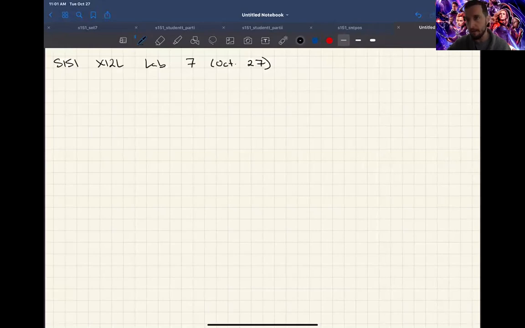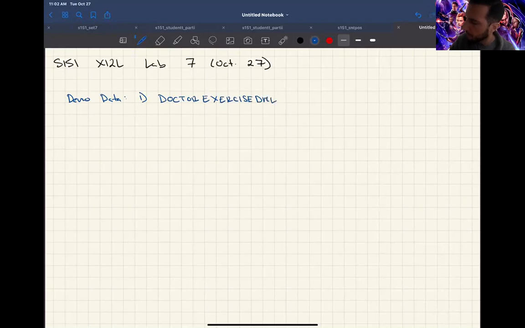There are two data sets associated with this demo file. The names of those data sets are Doctor Exercise Demo, and the second one is called Allen's midterm data.